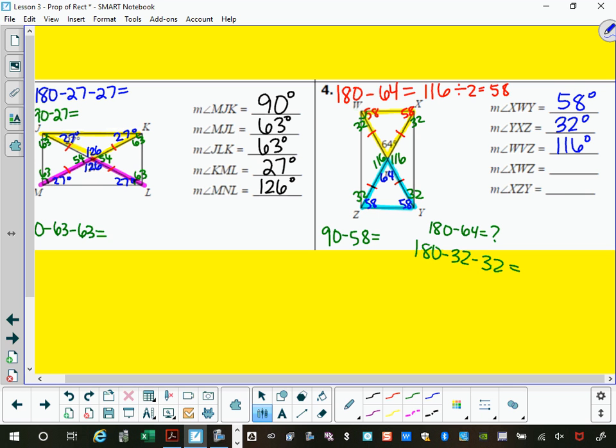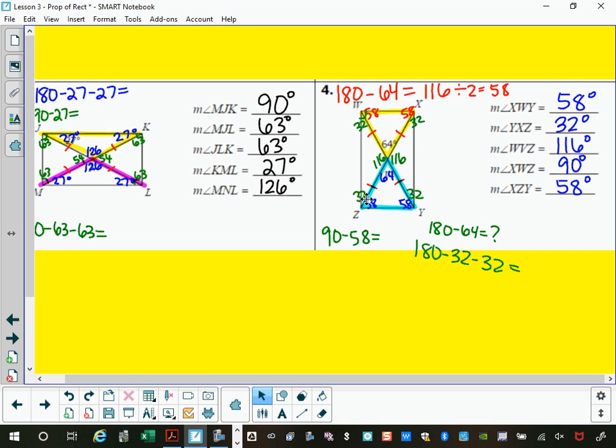X, W, Z was 90. And X, Z, Y was 58 degrees. All good?